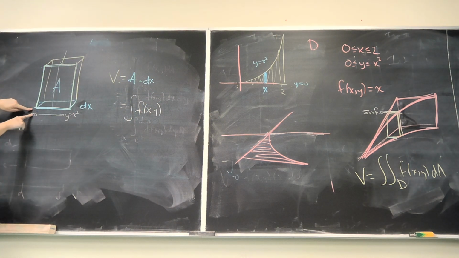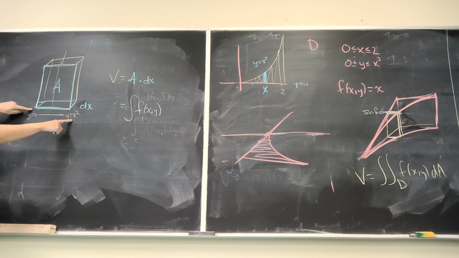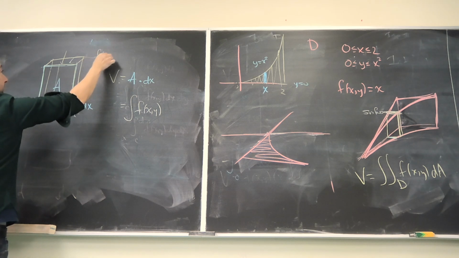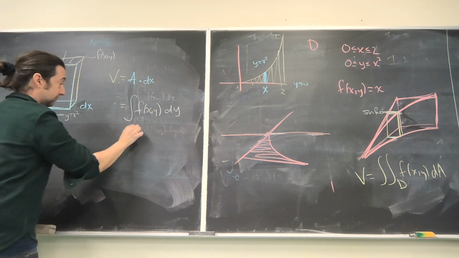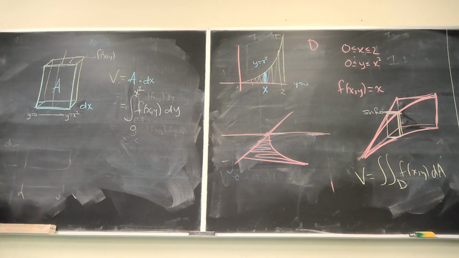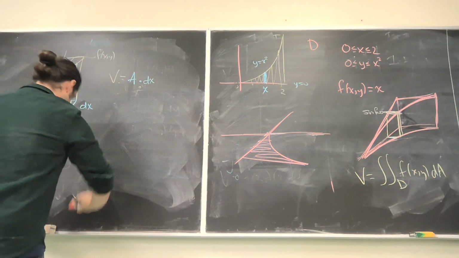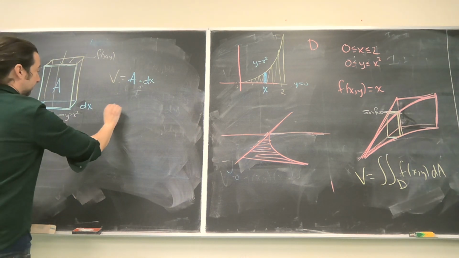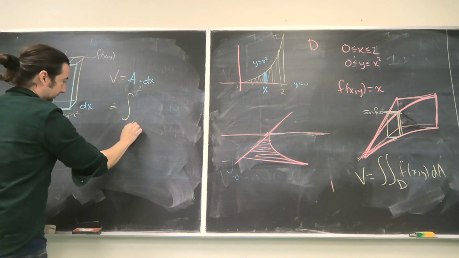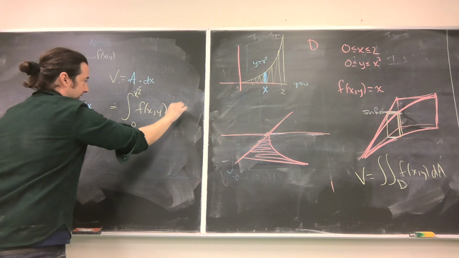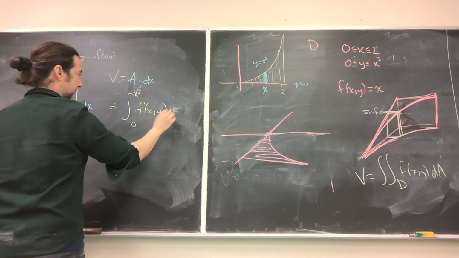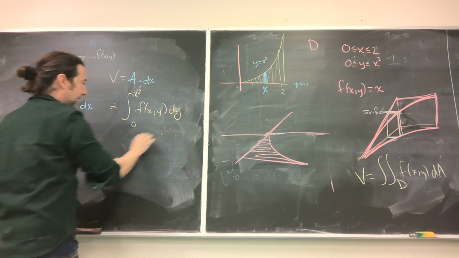The left side is at y equals 0. The right side is equal to x squared. The top of it is dictated by a function, f of x and y. So that integral, which is impossible to read, sorry about the crappy chalk, let me rewrite it. The integral from 0 to x squared of f of x and y dy. That is A.